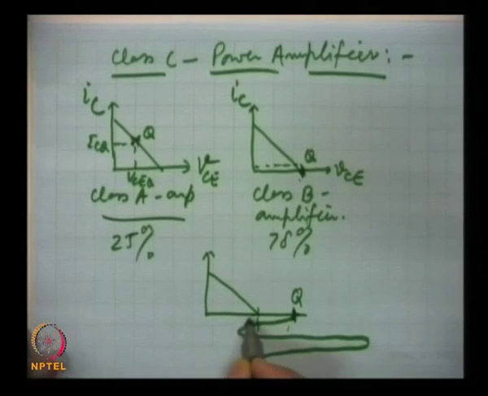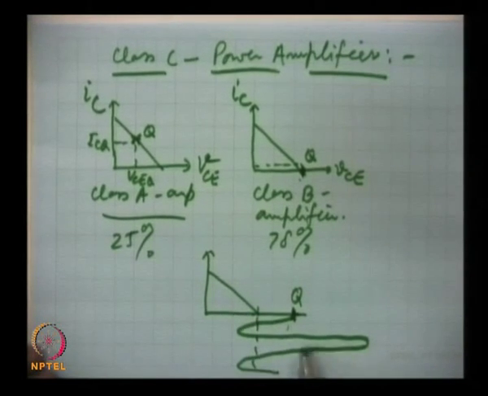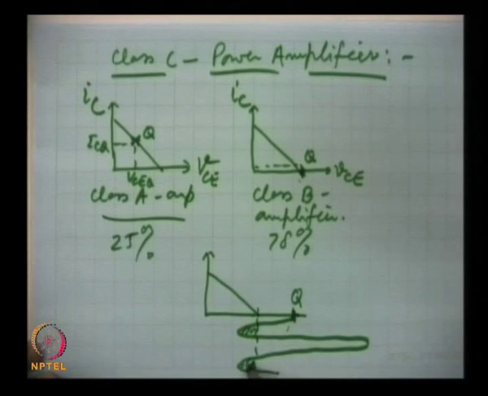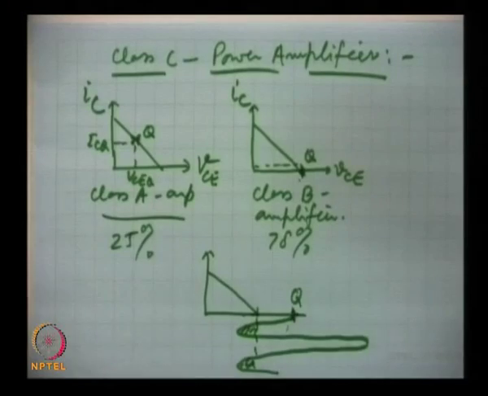For the remaining large part of the input signal, the circuit will be dead, the collector current will be 0. It will occur only for these pulses which come in this active region. A transistor conducts only when it is operating in the active region. So, this is class C operation, and now we talk about various features of class C operation.